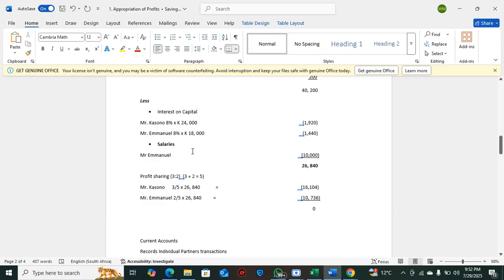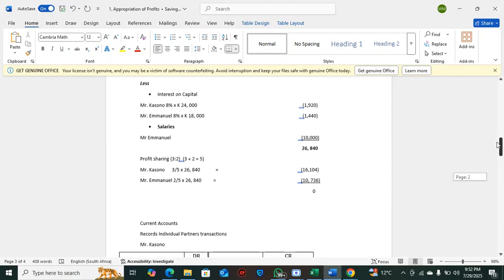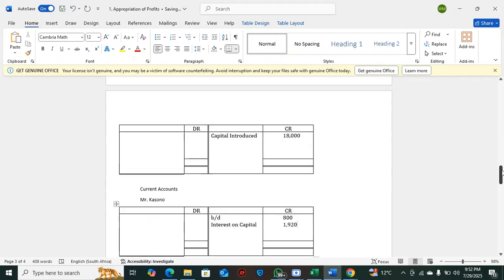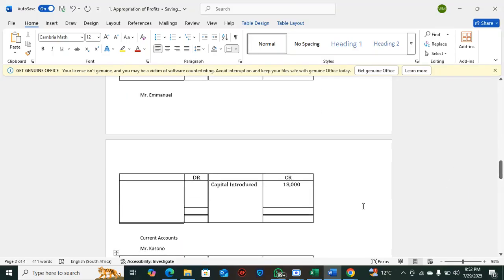Interest on capital for Mr. Kasono, 1,920. Then share of profit. Mr. Kasono's share of profit, 16,104.